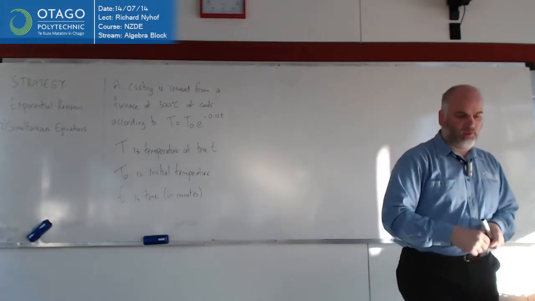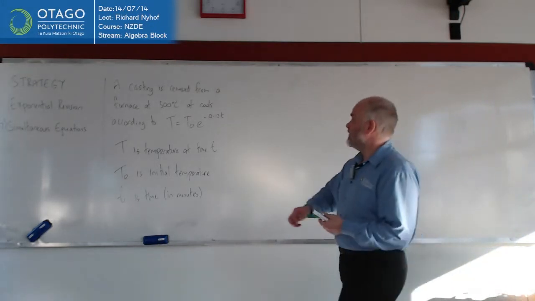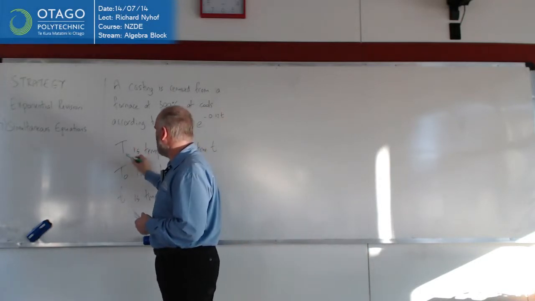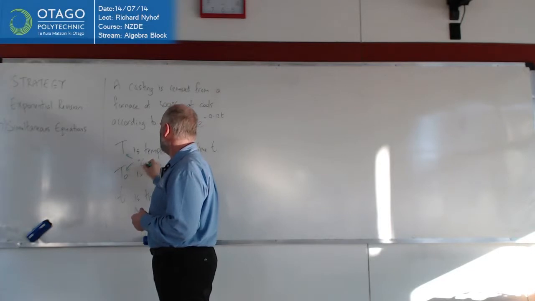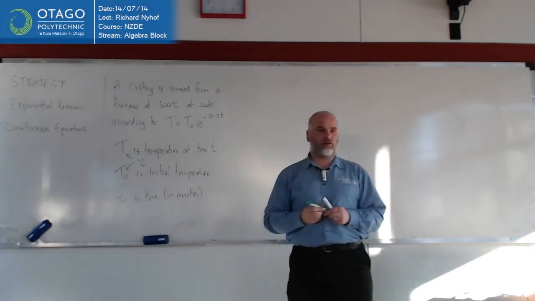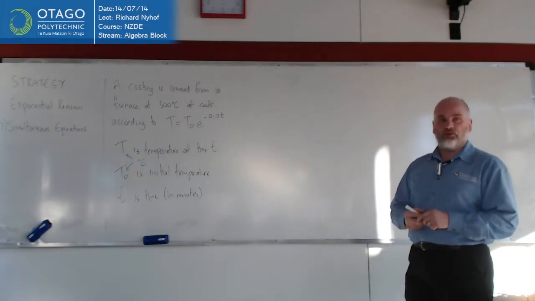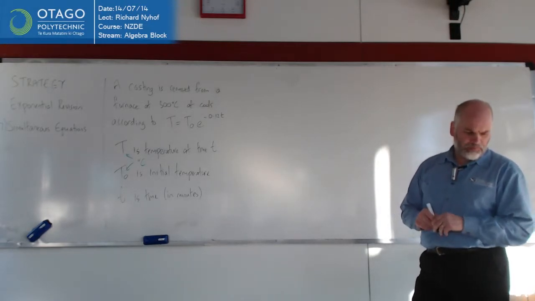And the fact that I've given this in degrees Celsius means it's probably a fairly safe assumption, although a good question would tell you that the temperatures are going to be measured in degrees Celsius. Though you'd expect that information to be given formally in an exam.